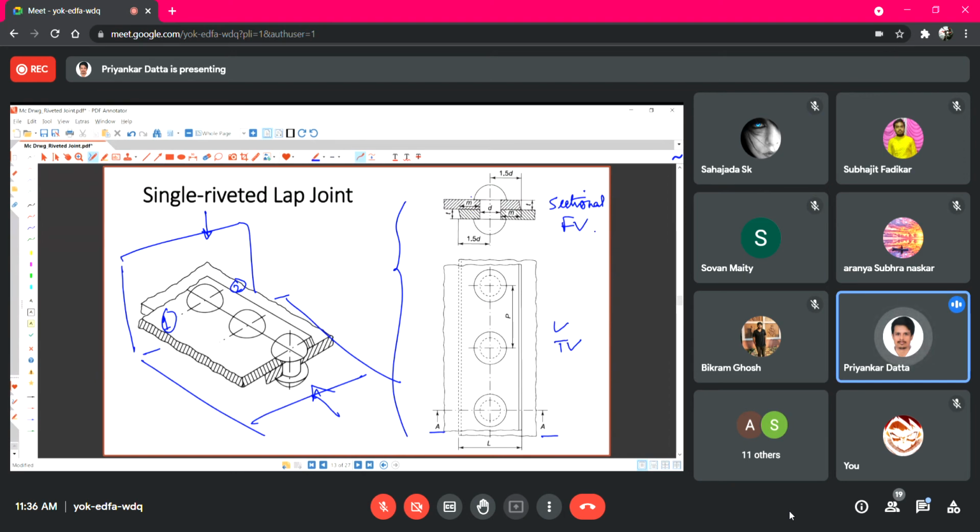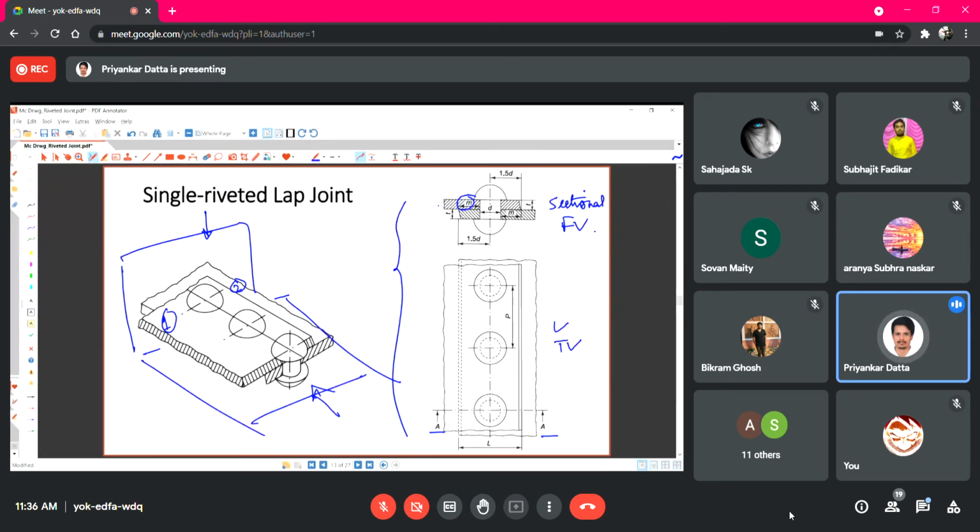Again, another term is introduced, m here. M is called margin. So again, I'll show you or tell you what is this margin. Now this type of projected view you have to draw with all the specifications will be known to you, and based on that you have to draw it.